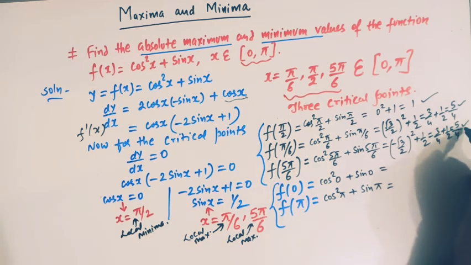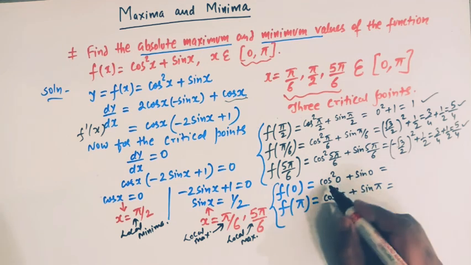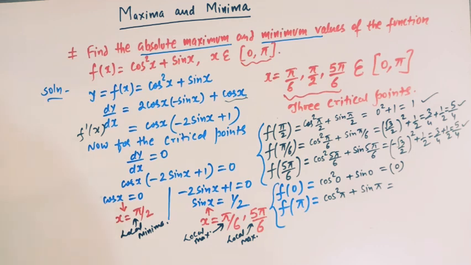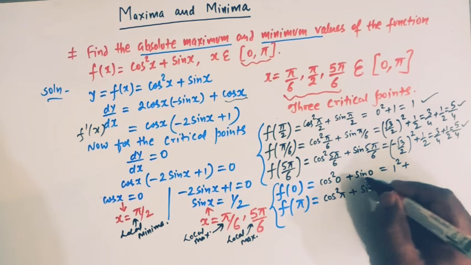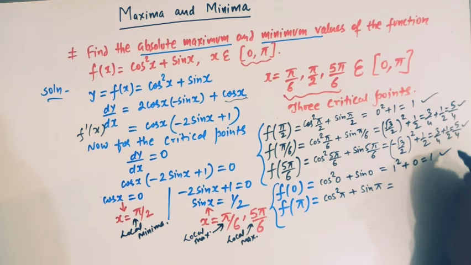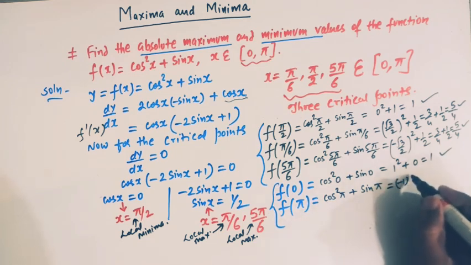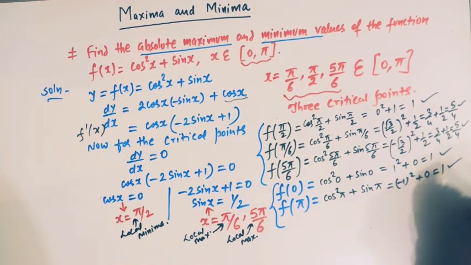So 5 over 4. Now f of 0 is cos square 0 plus sin 0, and cos 0 is equal to 1. So here we have 1 square, sin 0 is 0, so here we have 1. And cos pi is minus 1, and here we have square, sin pi is 0, so this is 1, right?